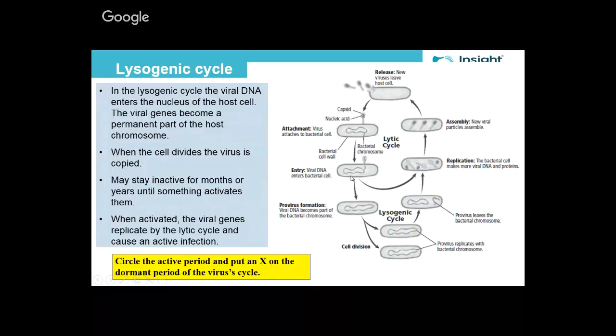The lysogenic cycle is just that it is there in the DNA, and then when the bacteria splits apart through binary fission, then we end up with two cells with the same identical DNA structure. So that means that the virus that was input into the DNA has essentially changed the daughter cells.